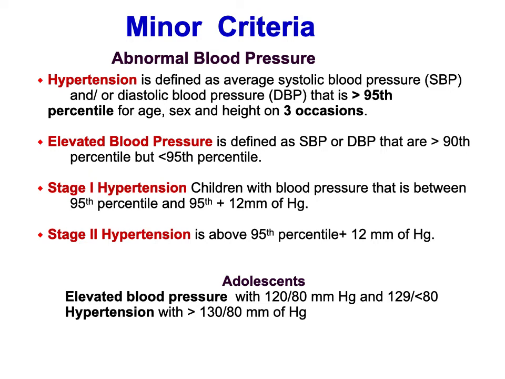Elevated blood pressure with 120 by 80 millimeter of mercury to 129 and less than 80 millimeter is talked about as elevated blood pressure, and hypertension is defined as more than 130 by 80 millimeter of mercury in adolescents.